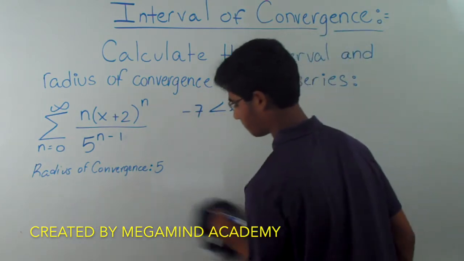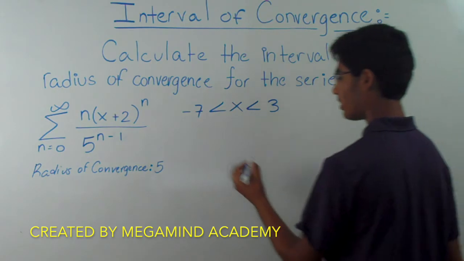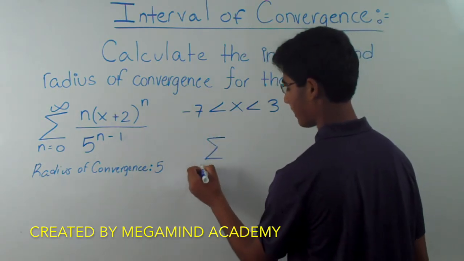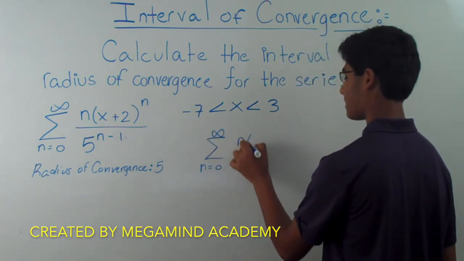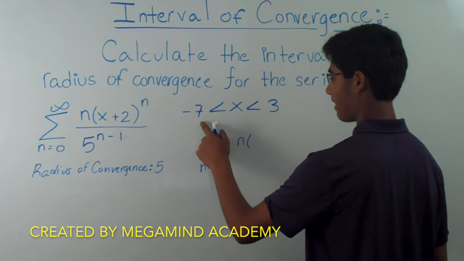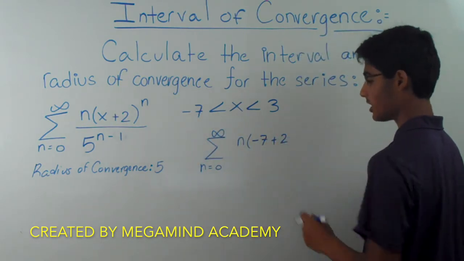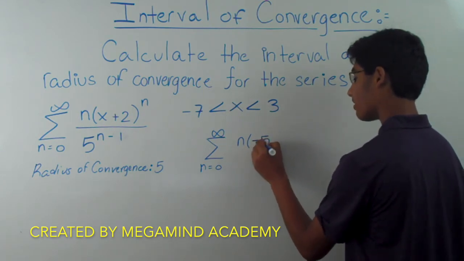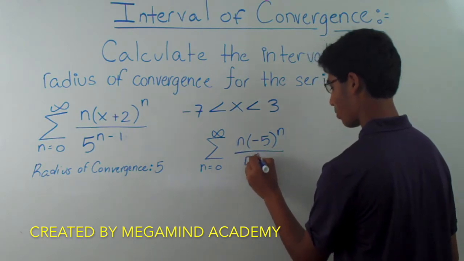So, how do we figure out whether those endpoints are part of the interval? So let's plug in those endpoints into the series. So we get the series from n equals 0 to infinity of n times, instead of x we have -7, -7 plus 2, which is just -5, -5 to the nth power over 5 to the n minus 1 power.